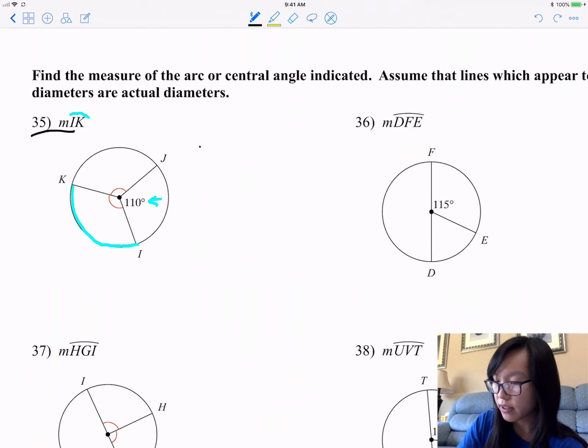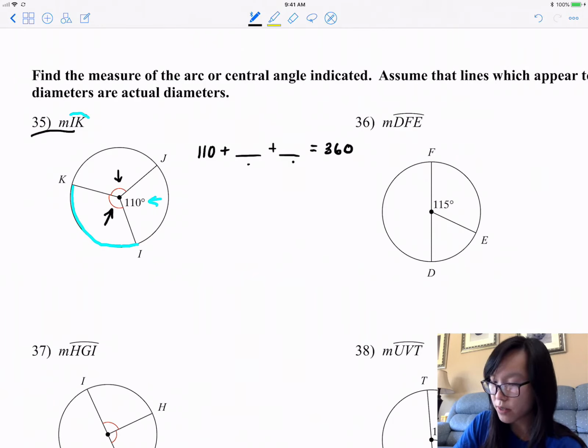We can say 110 plus something equals 360. And notice I put two spaces right here, and it's because of these two red marks, and that actually is a secret geometry code. It's actually not a secret, but it basically means that these two are the same length. Sometimes I write it like this.